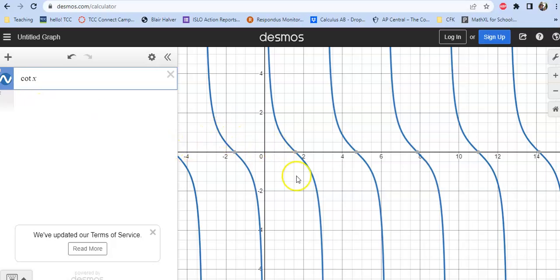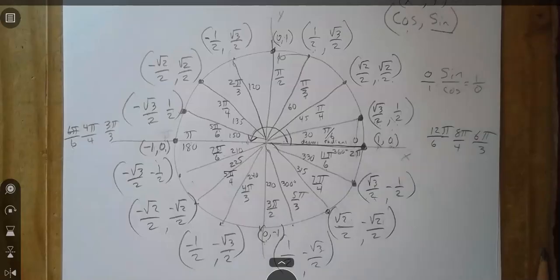And then our cotangent is similar, but it just goes the opposite. Here it starts at 0 and goes to pi. So this is pi over 2, 3 pi over 2, 5 pi over 2 when I'm at 0. But where are my asymptotes? Now with cotangent, cotangent is going to be cosine over sine, or in other words, x over y.